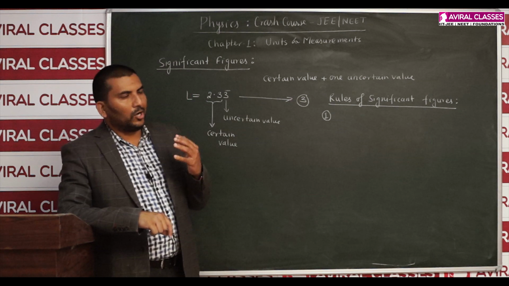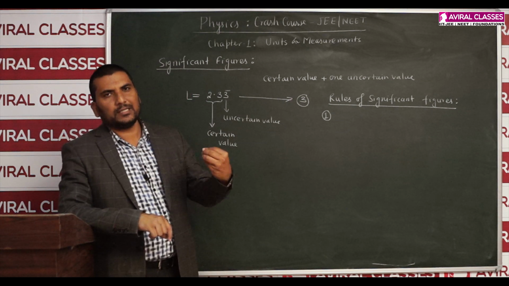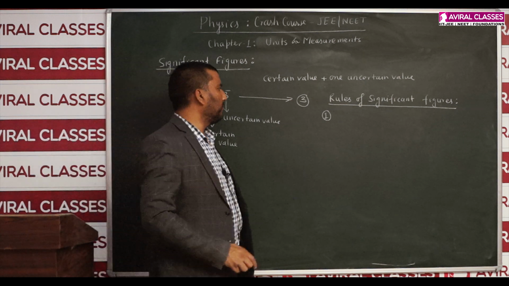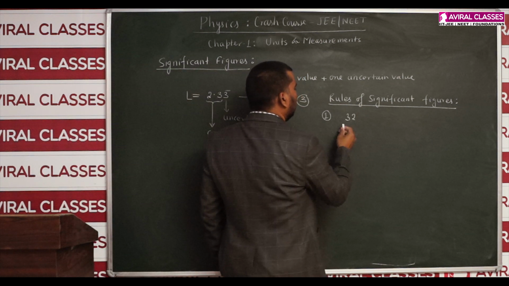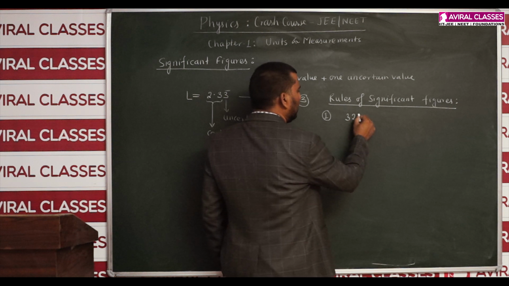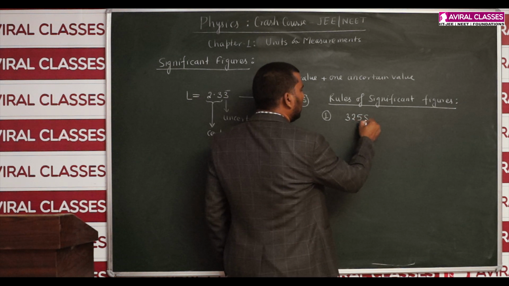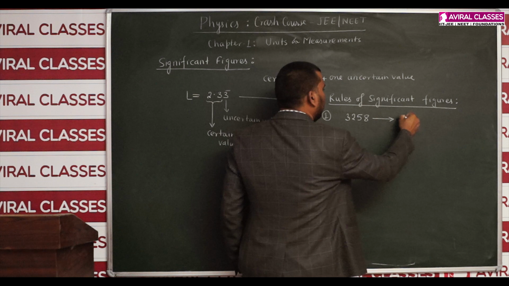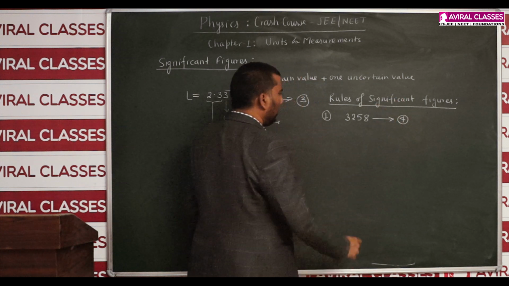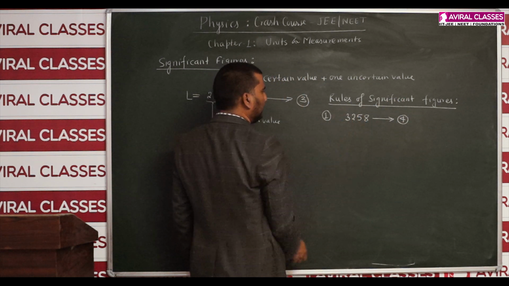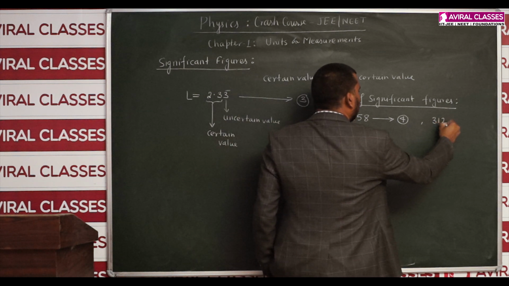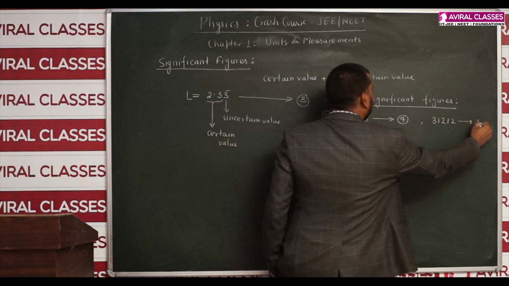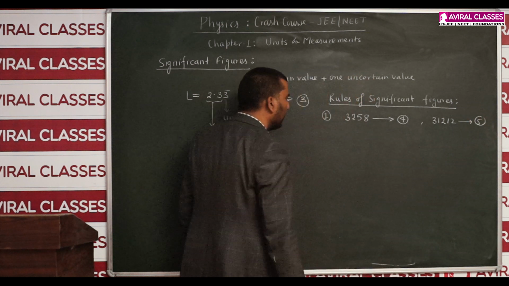Rule 1 says all non-zero digits are significant. For example, if I have a measured value of 3258, then this has 4 significant digits: 1, 2, 3, 4. Similarly, if I have 31212, it has 5 significant figures.